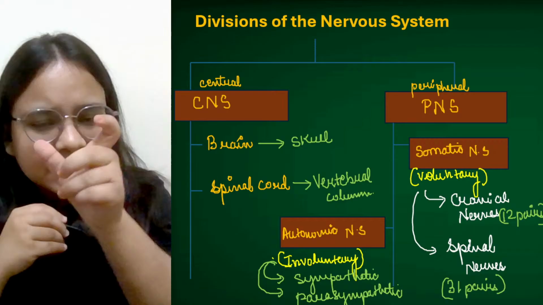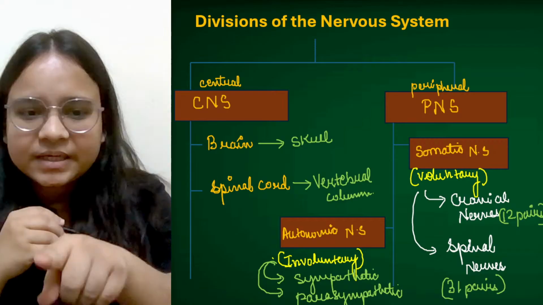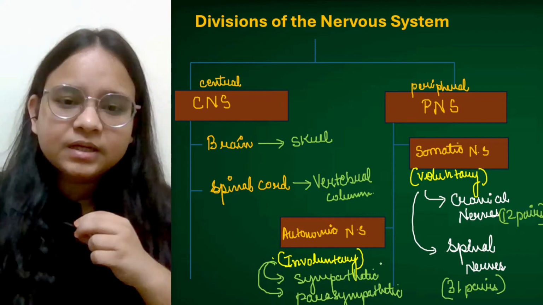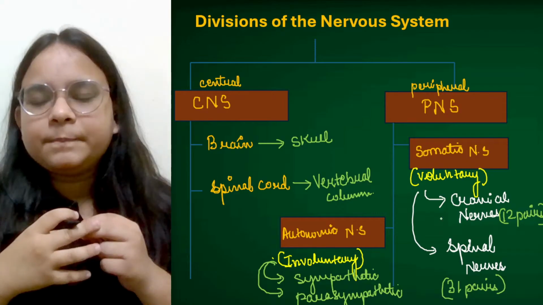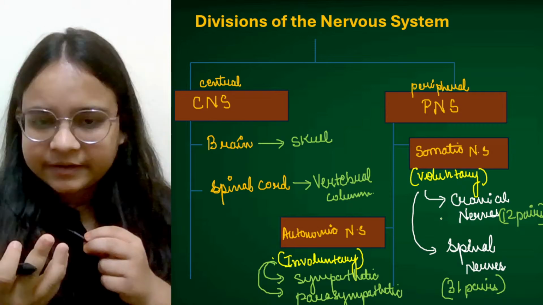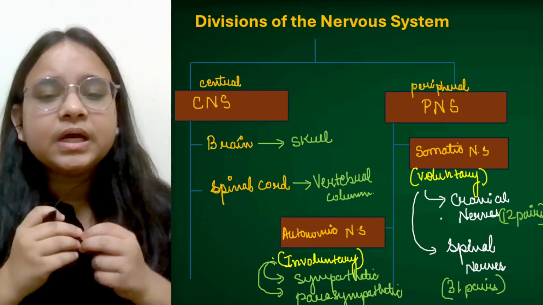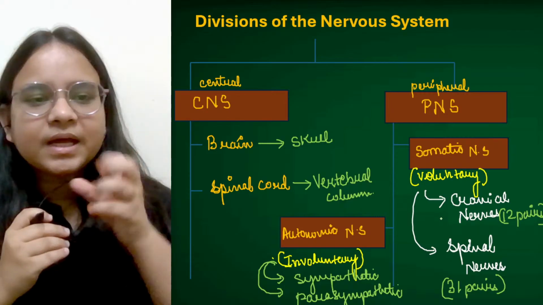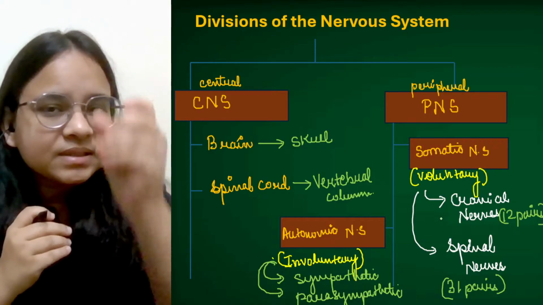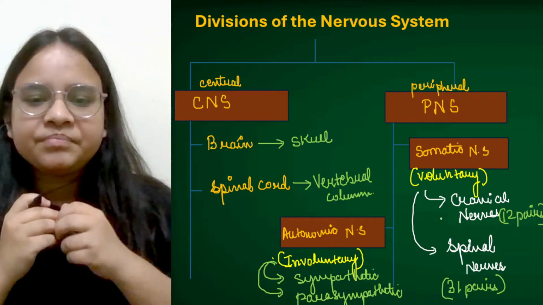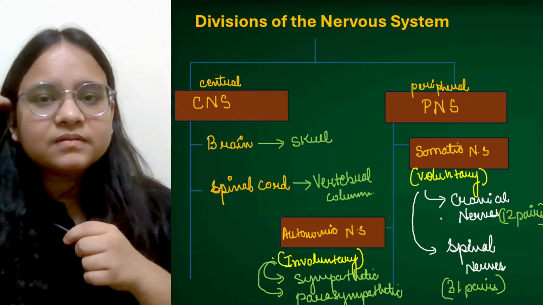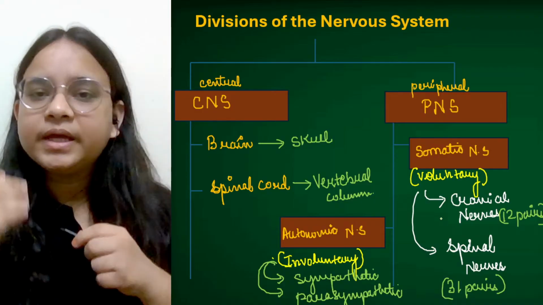Under this peripheral nervous system, we have somatic and autonomic. The somatic nervous system further constitutes two kinds of nerves, the cranial nerves and the spinal nerves. Cranial nerves, as the name suggests, are the pairs of nerves emerging from the brain, and cranial nerves are a total of 12 pairs. Spinal nerves are the nerves emerging from the spinal cord, a total of 31 pairs.